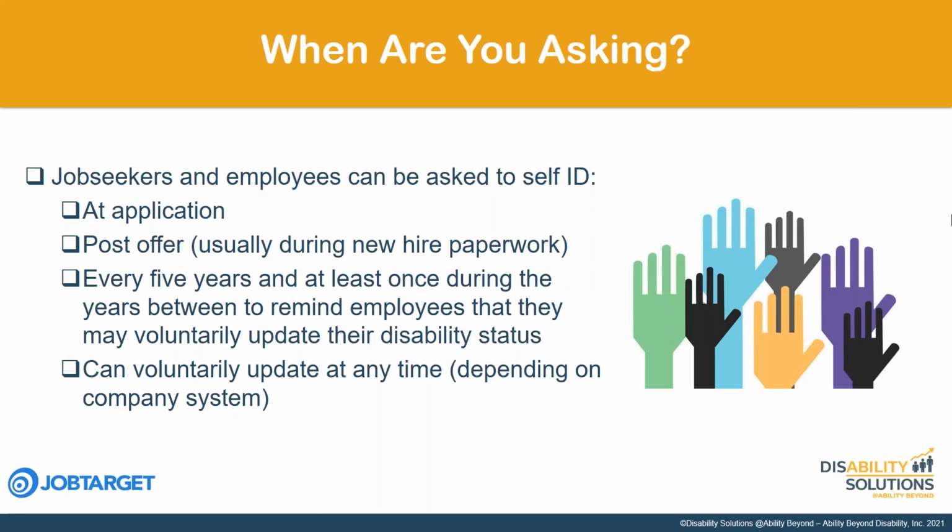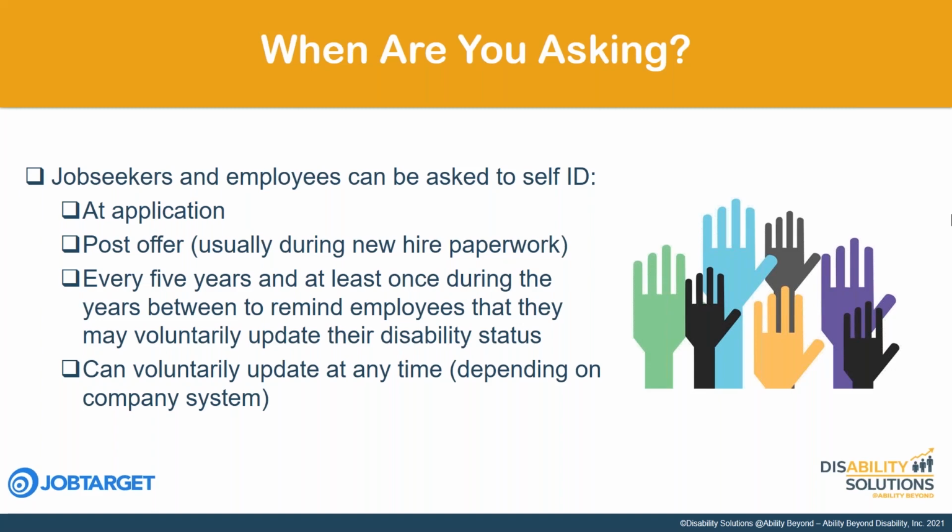Another area is that employees can get the opportunity to update or change their self-identification status every 5 years, in a rotation that's determined by the government. And finally, and this one's pretty critical, depending on your company's systems in place, an employee can actually choose to change their self-identification status at any time if your company has the software and capabilities in place to do so.